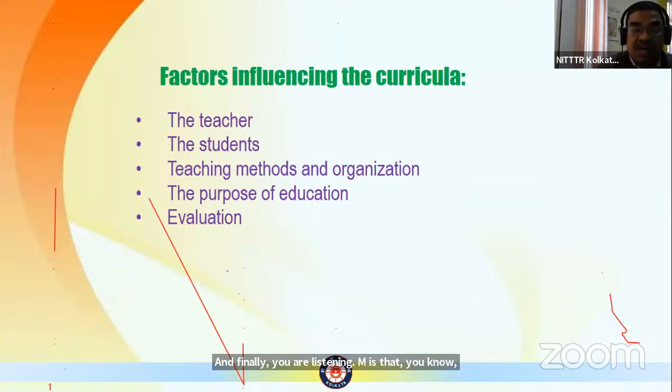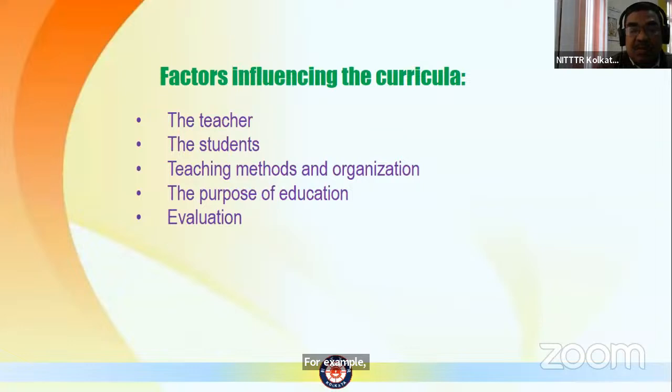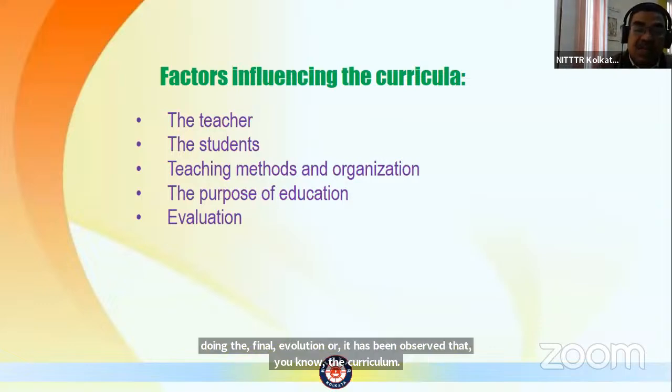Evaluation means that the curriculum is very good, but if evaluation is not being done properly, the curriculum will not give you the result. For example, everything is being done properly, but during the final or summative evaluation, it has been observed that there is no evaluation mechanism at all. There is not even an invigilation mechanism.